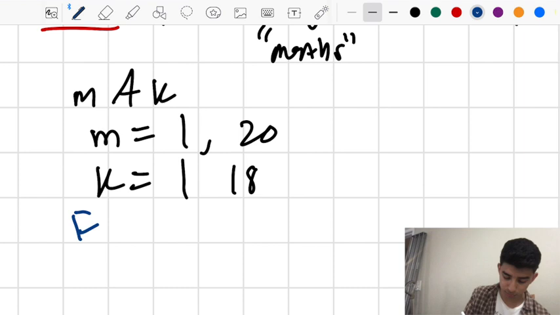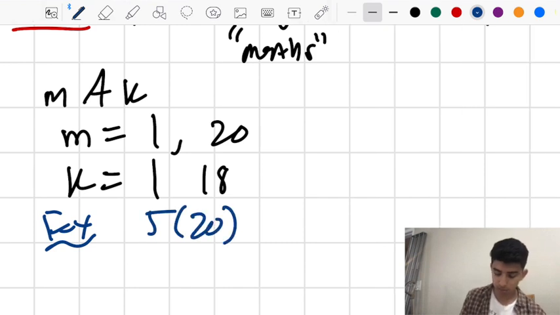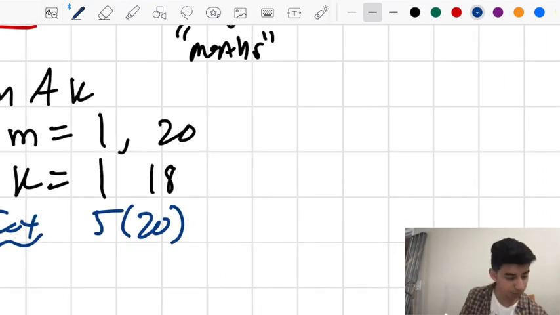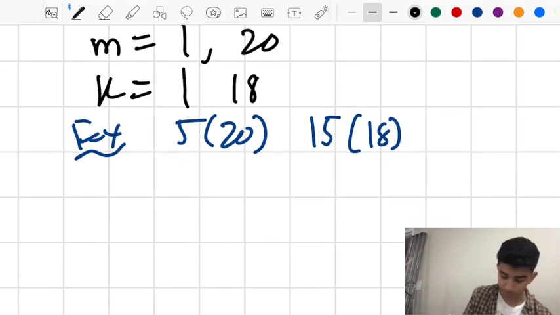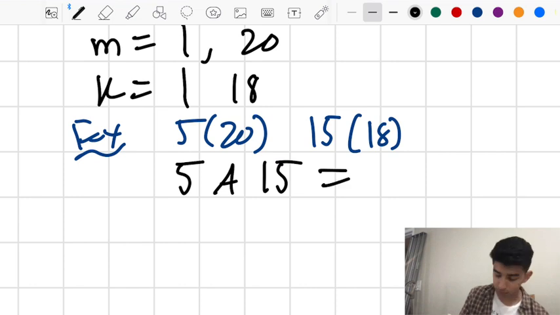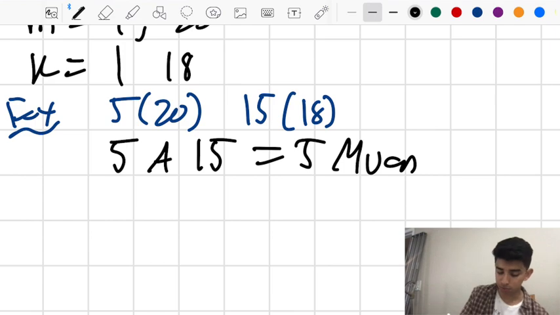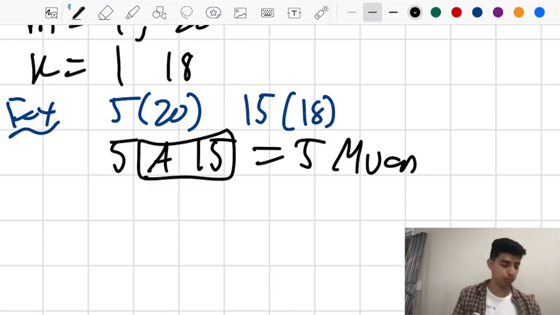An example that I have in the notes as well: let's say we had the 5th day in the 20-day cycle, in the 15th month, or the 15th 18-cycle. We can say this is 5A15, which is the same thing as 5 Muwan. And again, I have a table in the notes that shows what each month was named after.